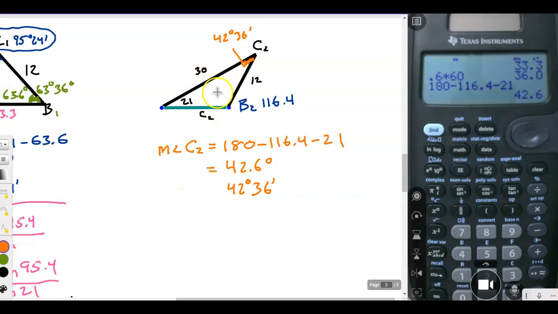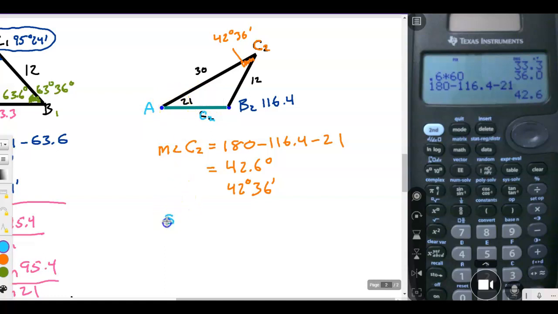All right. And then lastly, we need to find side C2. So we got side C2. We're going to use, like on the last one, side A here.